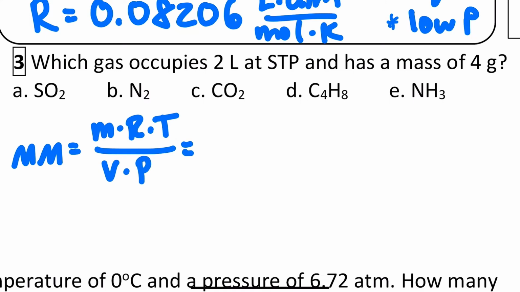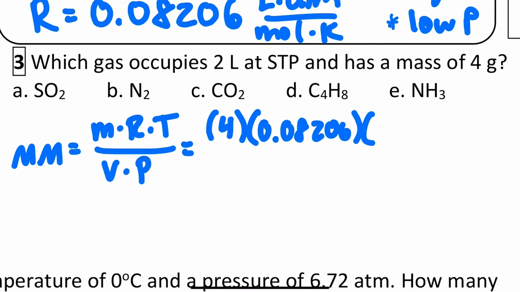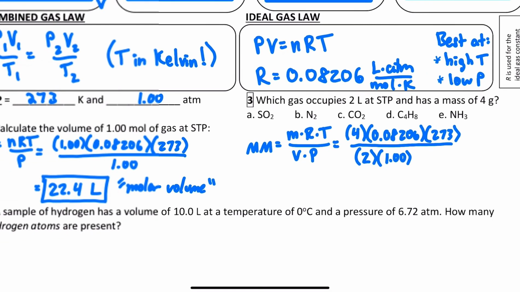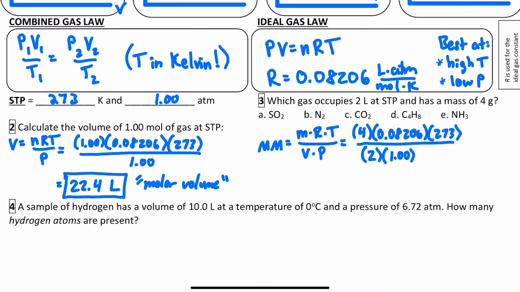The mass is 4 grams. The R value is 0.08206. Temperature is standard temperature, 273. The volume, it says, is 2, and standard pressure is 1 atm. Now, before you go dig out your calculators, take a look at the similarity with this question and the one right next to it.